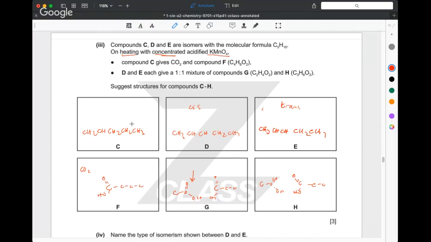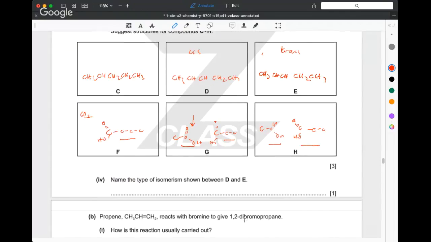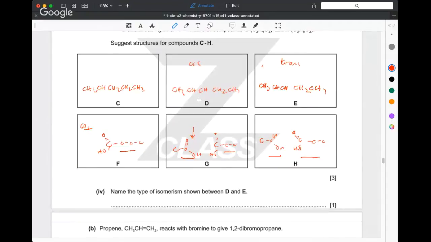And then down here you had carbon dioxide and butanoic acid, and over here you had ethanoic acid and propanoic acid, and you had to write out the structural formula for each of those. When you did these ones up here, you had cis and trans. The other way of expressing those is that on this one they were on the same side, so those are Z isomers, and these are on opposite sides, so they are E isomers.